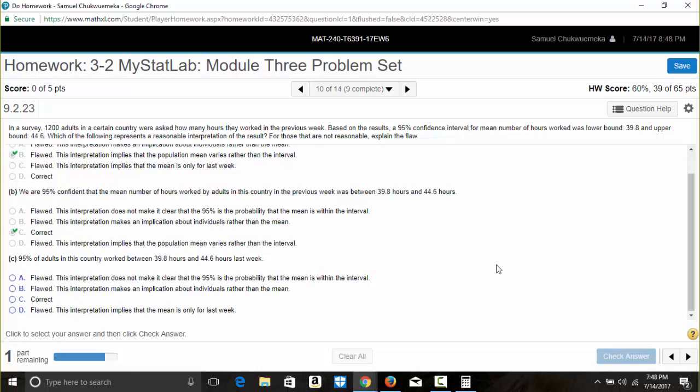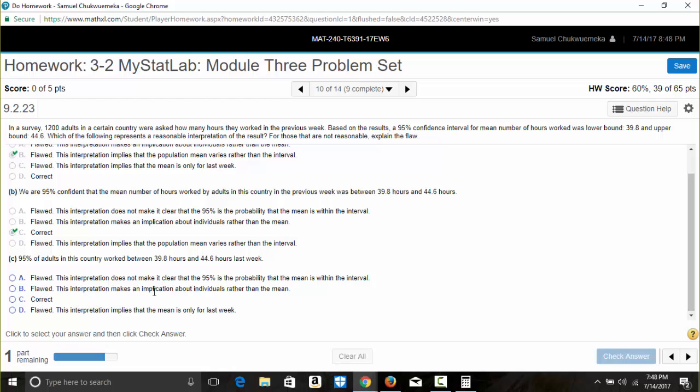Next one. 95% of adults in this country worked between 39.8 hours and 44.6 hours last week. No, this is incorrect. It's flawed because the interpretation does not make it clear that 95% is the probability that the mean is within the interval.